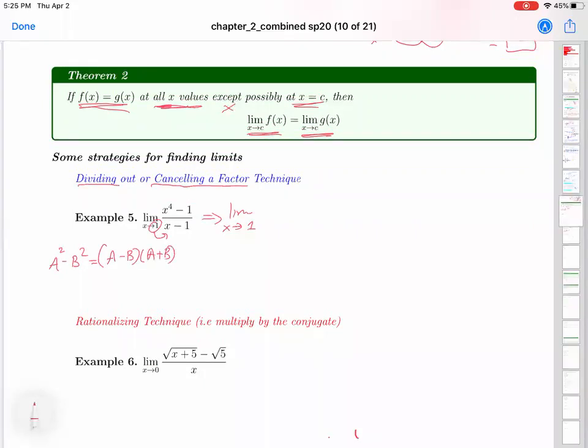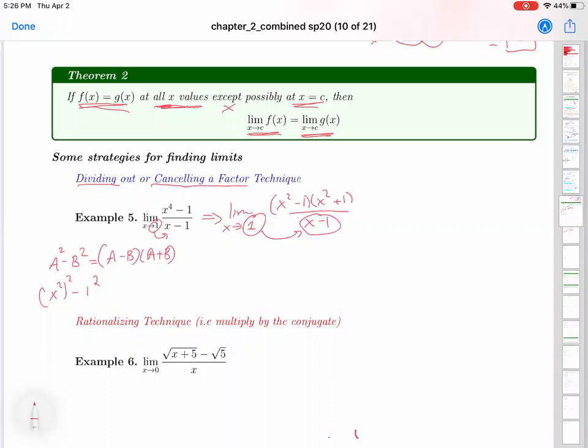So I'm going to use this formula, thinking of x to the 4th as x squared squared, and 1 is just 1 squared. So it's x squared minus 1 times x squared plus 1, divided by x minus 1. At this point, I still cannot plug 1 into x because I need to get rid of this term in the denominator.